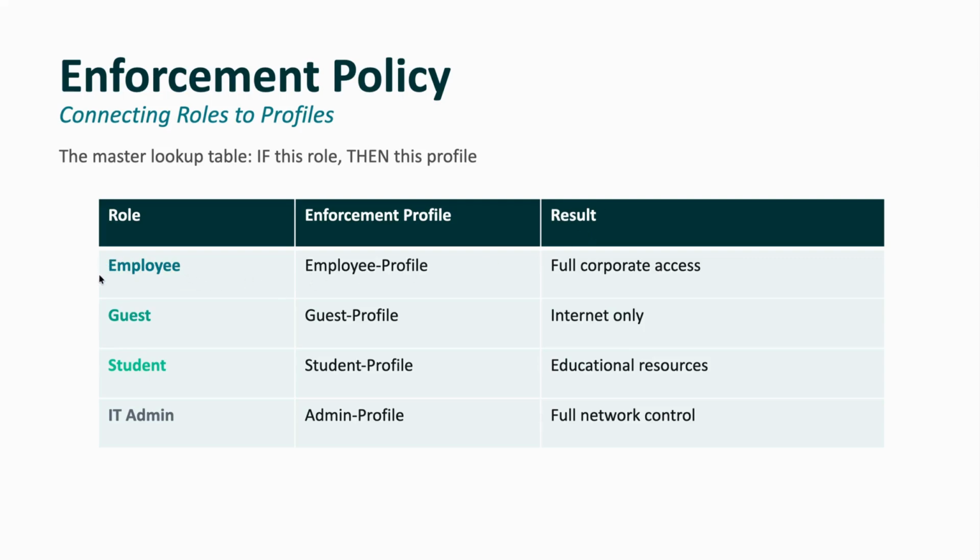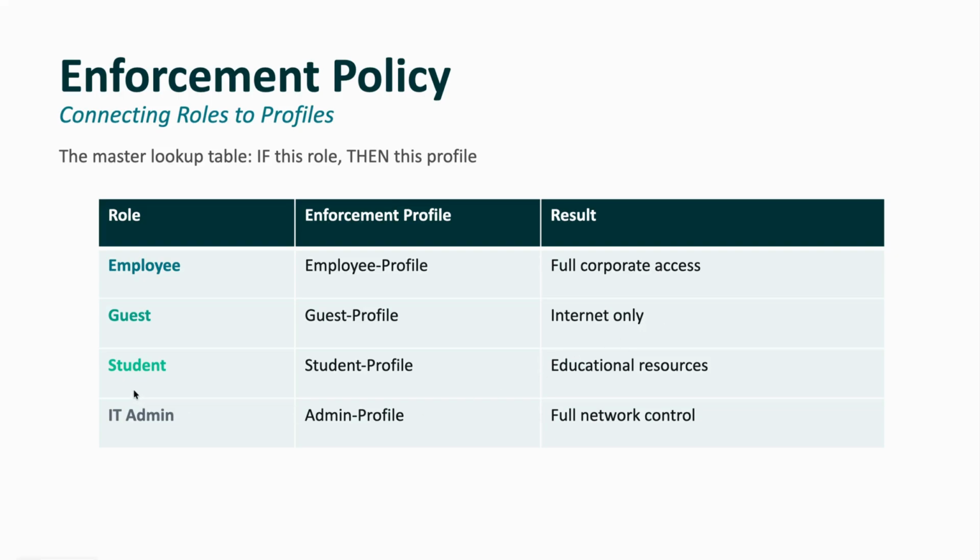Let's say the user gets the employee role. They will get the employee enforcement profile. What is the actual result of that profile? They will get full corporate access. Same, if the role is guest, they will get the guest profile. In the guest profile, if you remember, there is only internet access, no internal resources.